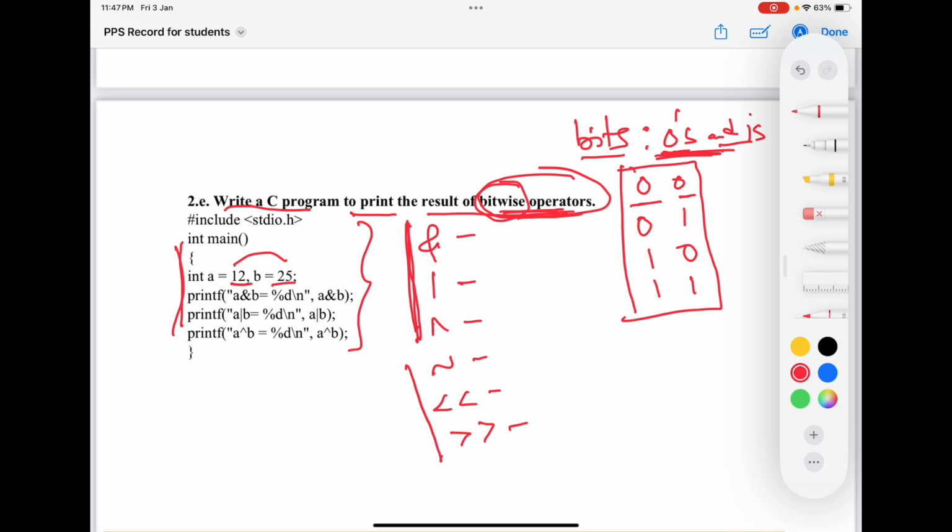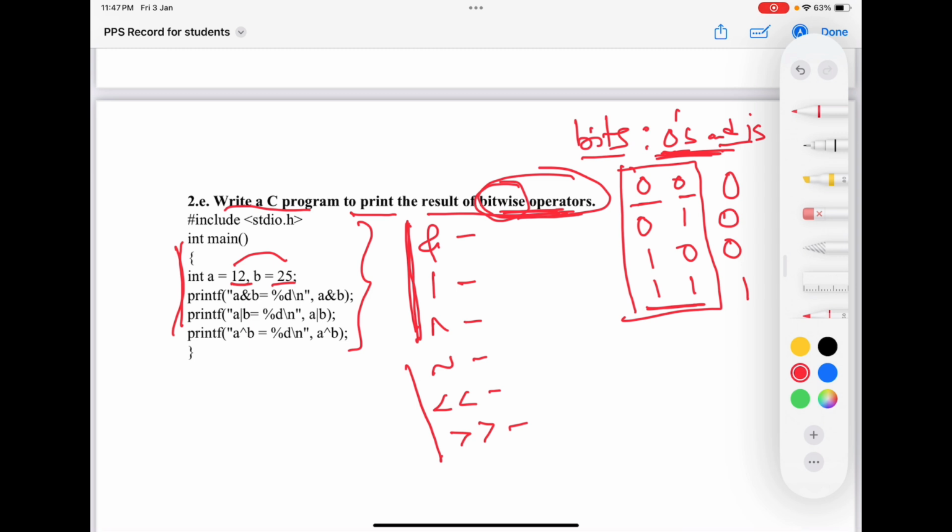Now the logic of bitwise AND is: the output is 1 if the corresponding bits of both operands are 1. If either bit of an operand is 0, the result of the corresponding bits evaluates as 0. This is the logic of bitwise AND.